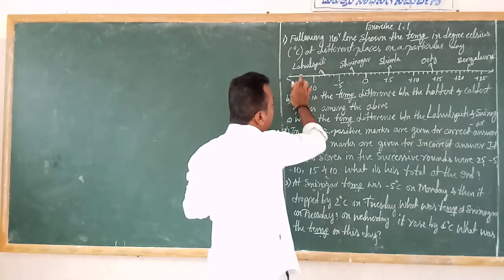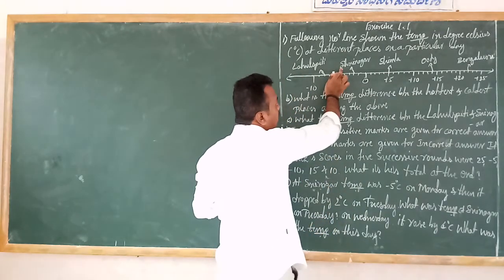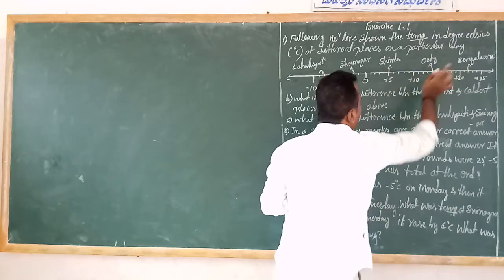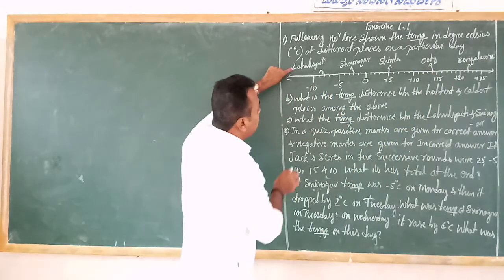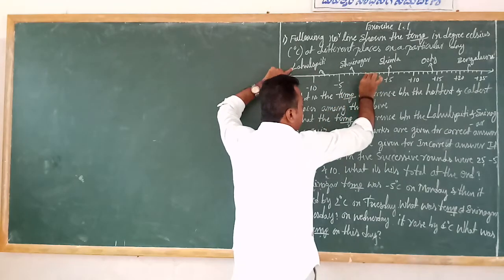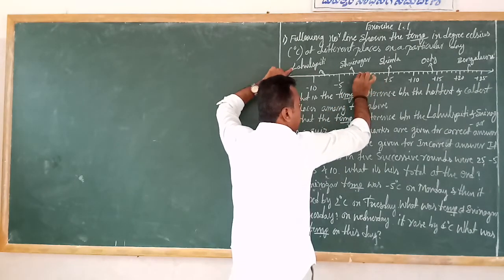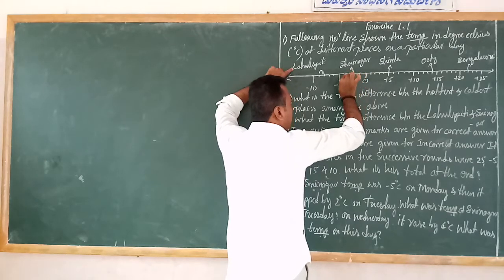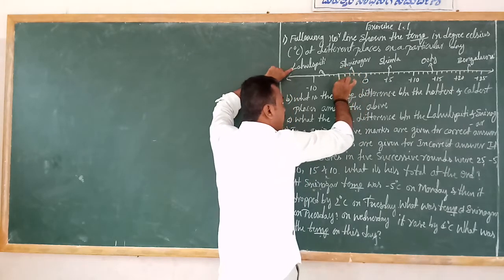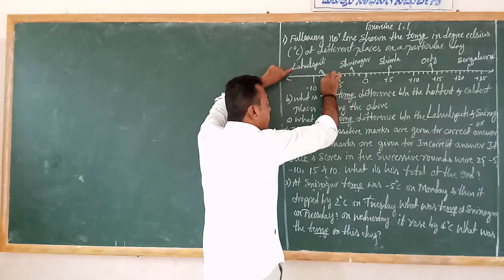See here, Halaswamy, Srinagar, Shimla, Ooty and Bangalore are the places. Halaswamy is at 0 degrees Celsius. This is -1, -2, -3, -4 and this is -5. Next -6, -7, -8, -9 and this is -10.